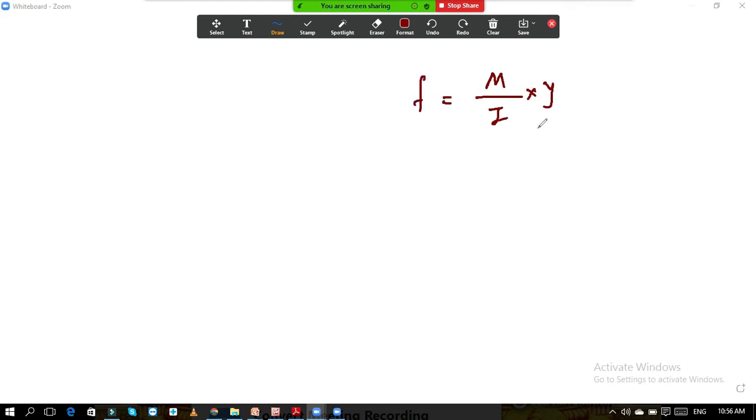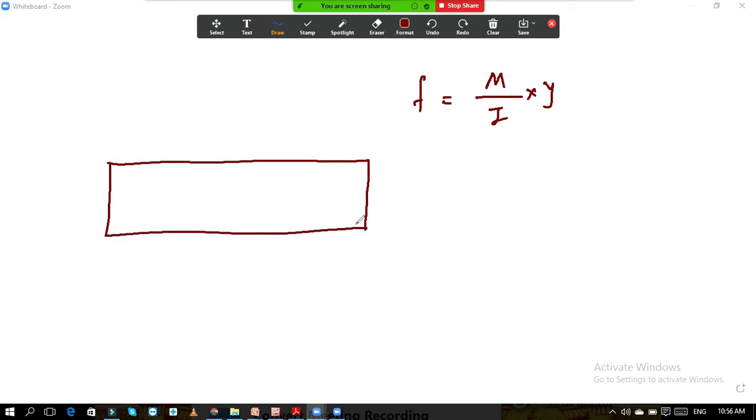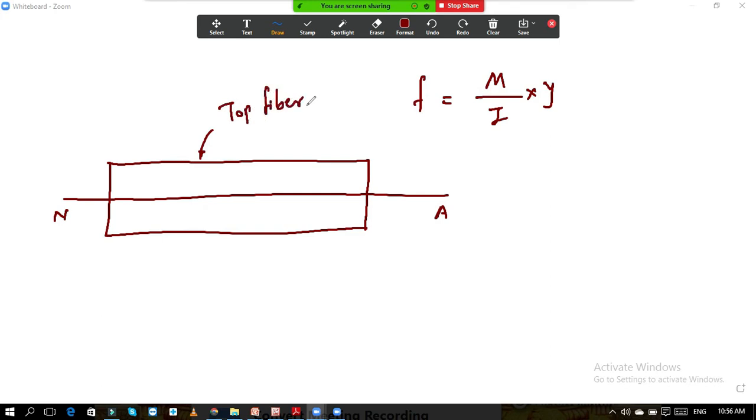Now what is happening? Suppose this is the member, this is your neutral axis, and this is your topmost fiber. M is the bending moment.